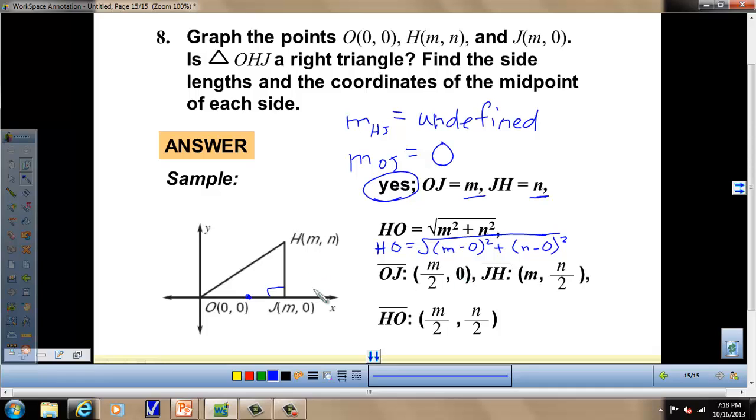To find JH, we would do M plus M divided by 2, which would be 2M divided by 2, which would be M. And then we would do N plus 0 divided by 2, which would be N over 2. For HO, we would do M plus 0 divided by 2, which is M over 2. And N plus 0 divided by 2, which is N over 2.